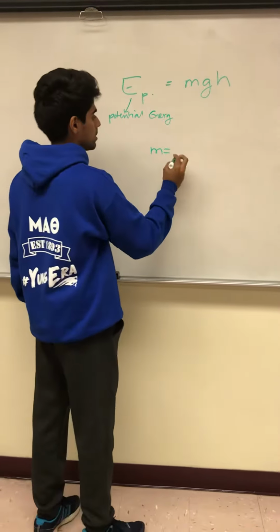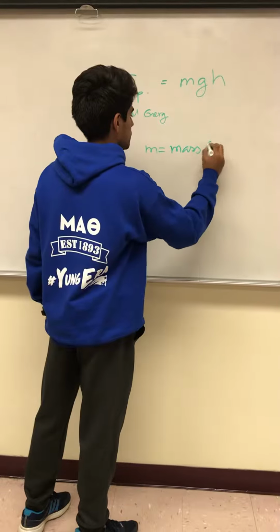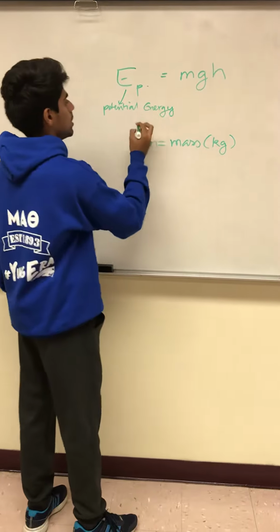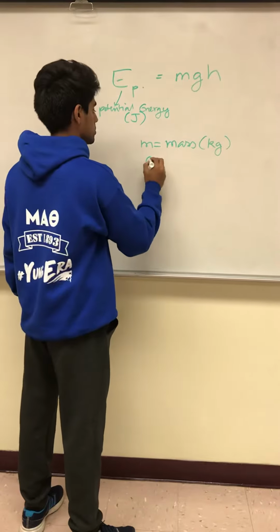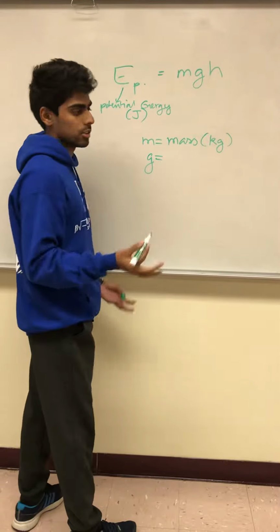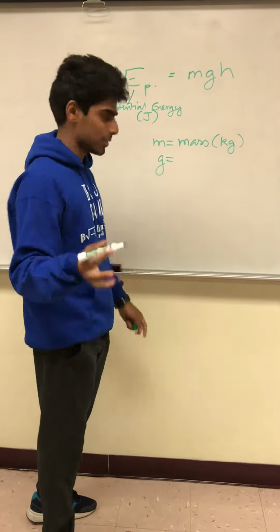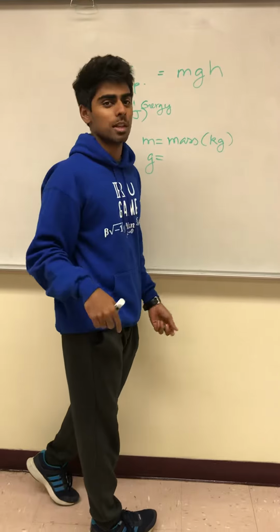M is the mass, in this case of the water, in kilograms. By the way, this is in joules. G is the gravitational constant on Earth. If you were on another planet, then you'd use the gravitational constant for the other planet. But you don't care about that because they don't have water on other planets for now.